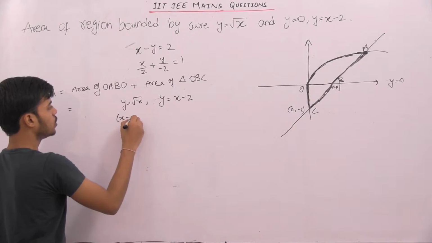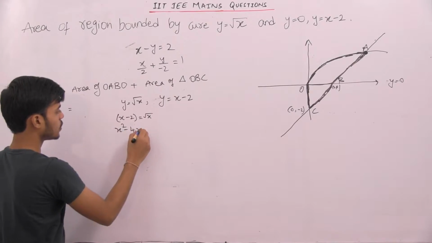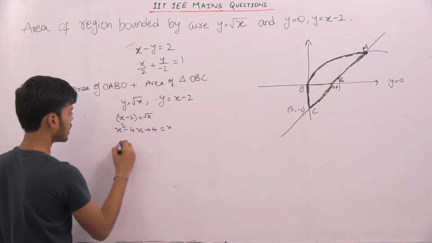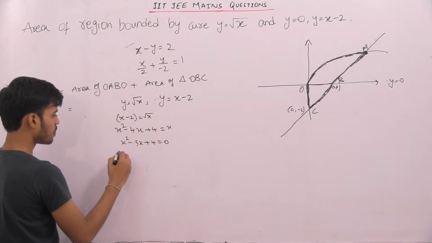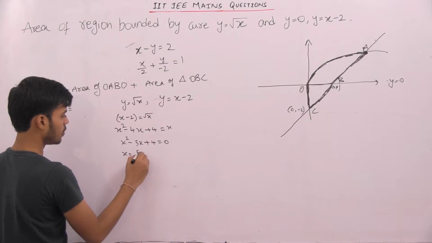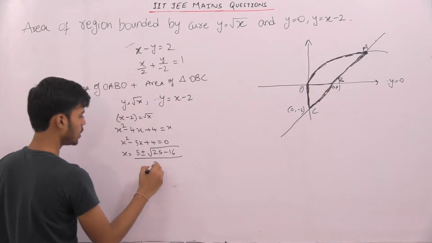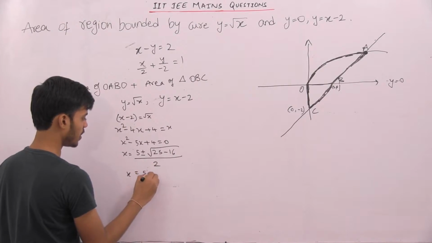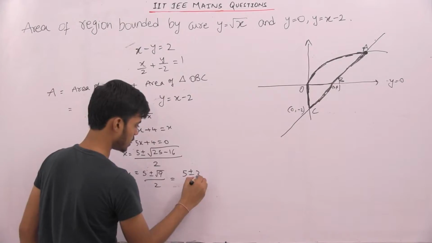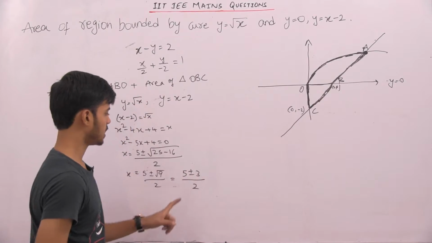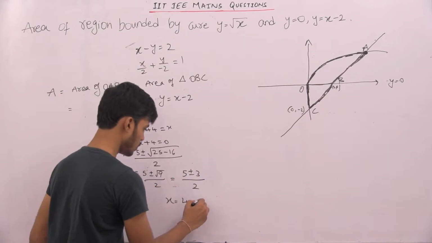So x minus 2 equals root x. Squaring on both sides would give us x square minus 4x plus 4 equals x. x square minus 5x plus 4 equals 0. x equals 5 plus or minus root of b square minus 4ac by 2a, so x equals 5 plus or minus root 9 by 2, 5 plus or minus 3 by 2. 5 plus 3 is 8 by 2, so 4, and 5 minus 3 is 2 by 2, so 1.